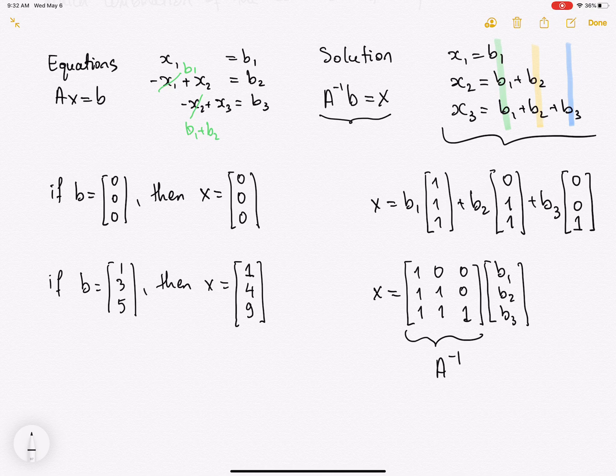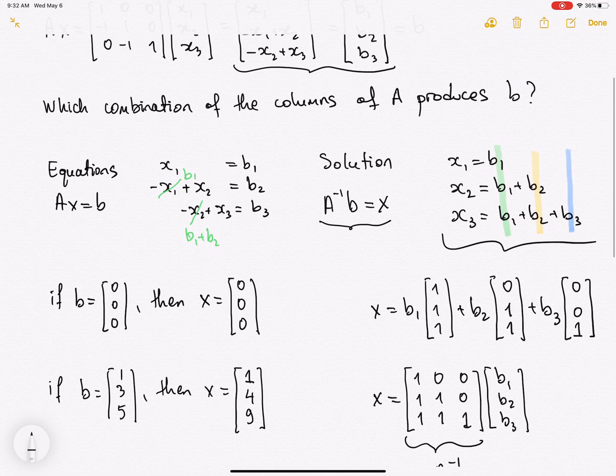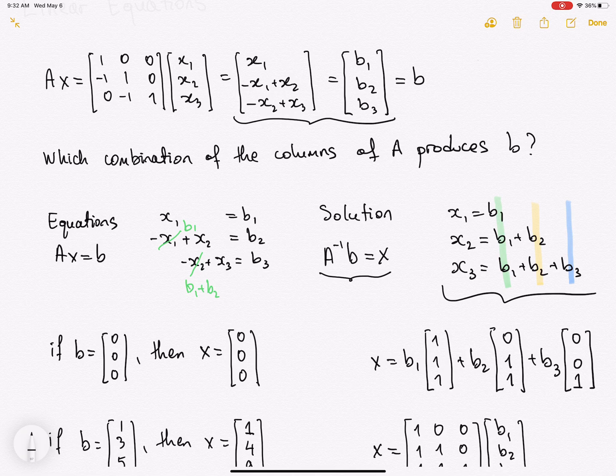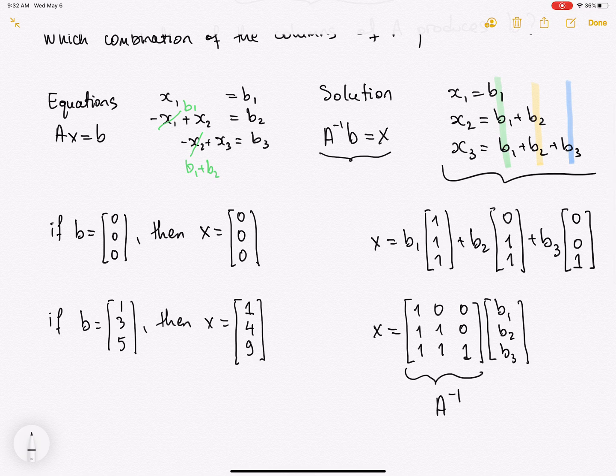Now it's true that for this system where we had A to be a matrix with some negative numbers, those were actually differences, to find A inverse, which is actually consisting of sums. And that somehow makes sense because the inverse to a difference is in fact a sum.